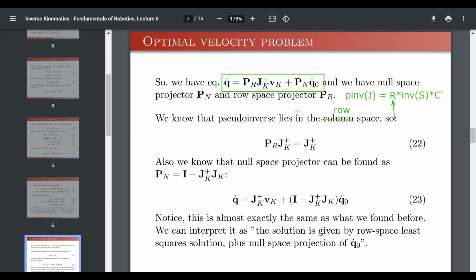Now, what we are trying to do here is project the pseudo inverse, which is already in the row space, onto the row space. And projecting something that lies in the row space into the row space returns your output.